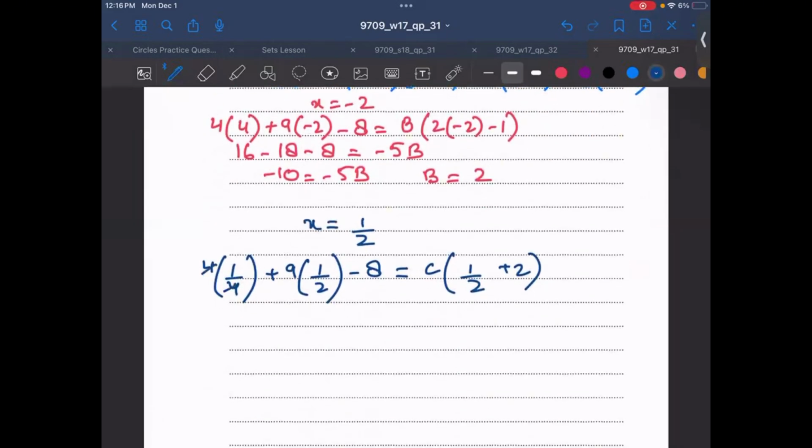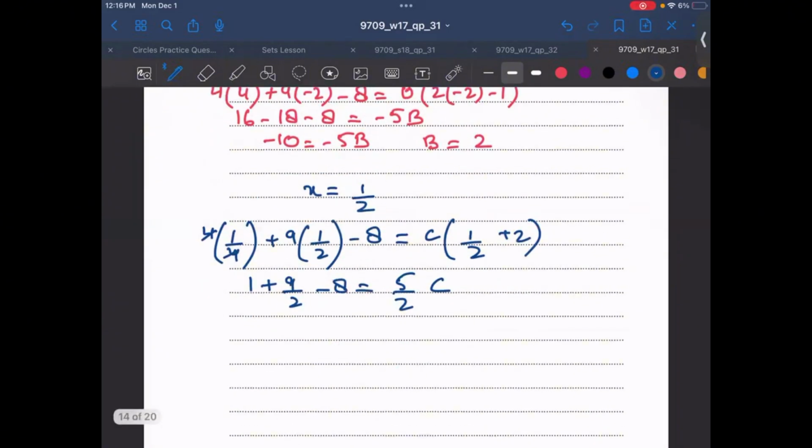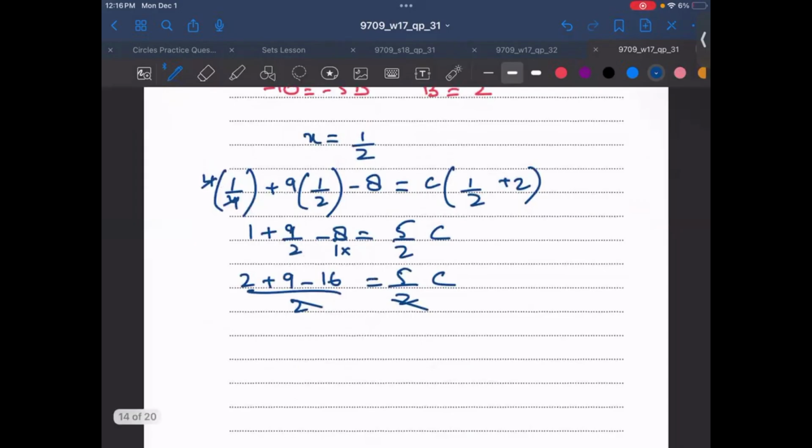So this will cancel out. We'll get 1 plus 9 upon 2 minus 8 is equals to 5 upon 2c. Taking the LCM on the left hand side, we'll get 2 plus 9 minus, this will multiply by 2. So 16 upon 2 is equals to 5 upon 2c. 2 and 2 cancel. 9 plus 2 is 11. 11 minus 16 is minus 5. So c will be equals to minus 1.